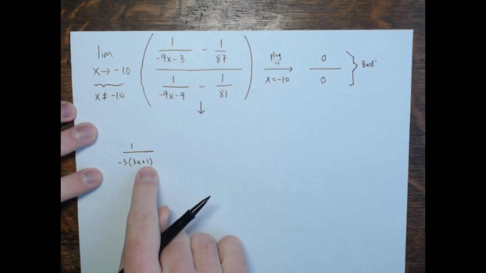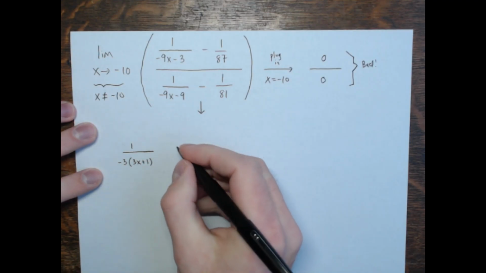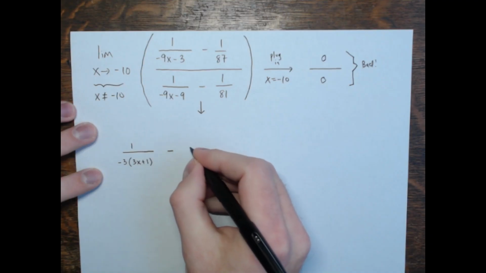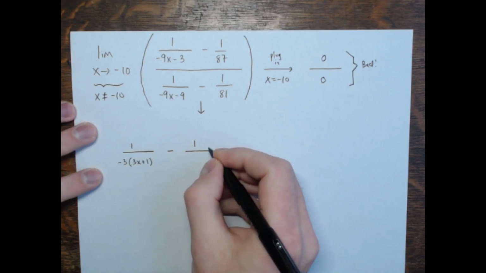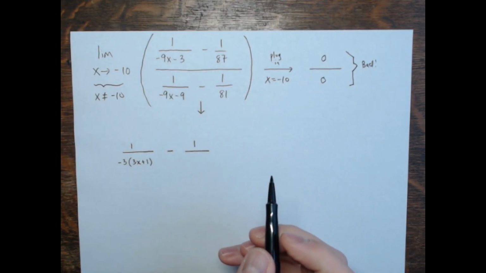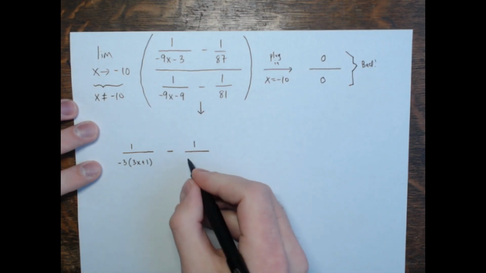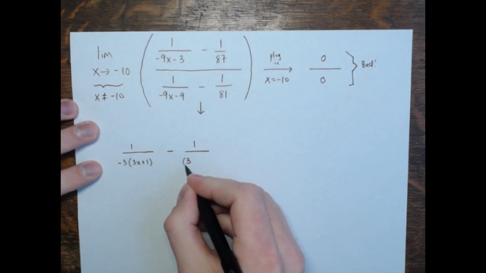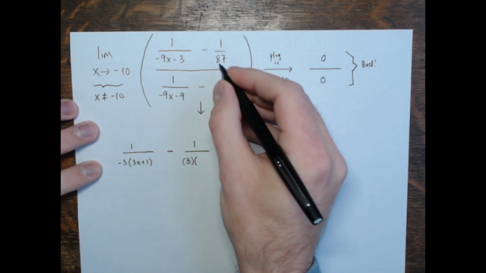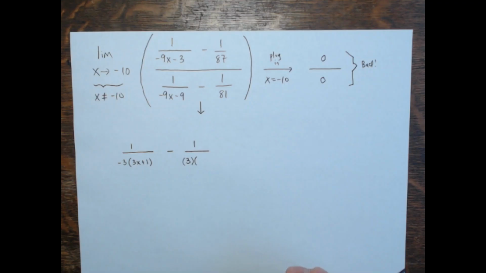All right, that's negative 9x minus 3. And then minus 1 over, and then 87 is a multiple of 3. So 87 is 3 times 29.